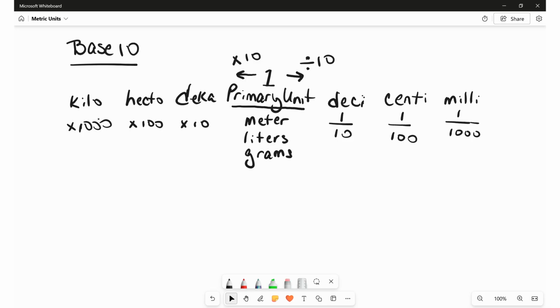So when we are converting within the metric system, we could say we have 348 centimeters, and we want to convert that to meters. Well, because when we start with our primary unit to get down to centi, we basically divide by 100.